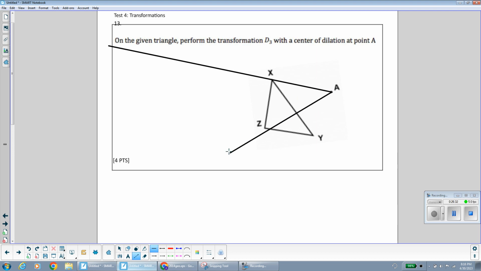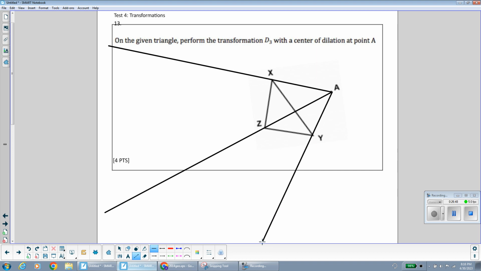I'm going to do the same thing with point A and Z, and with A and Y, because once again the center, the pre-image point, and the image point will all lie along the same line. I'm trying to make this as accurate as possible, but on the computer, it's a little bit difficult.